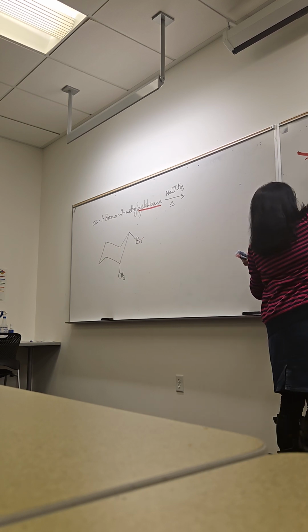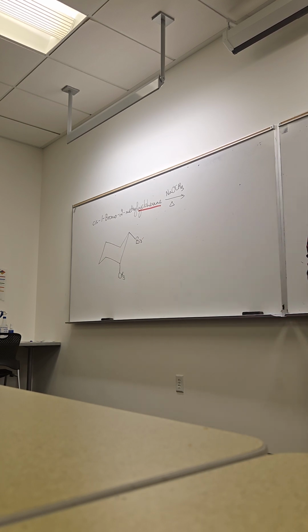Once you have that, you can start building it. Everybody got it? Use one color for Br and one color for methyl, so you know which is methyl and which is Br.